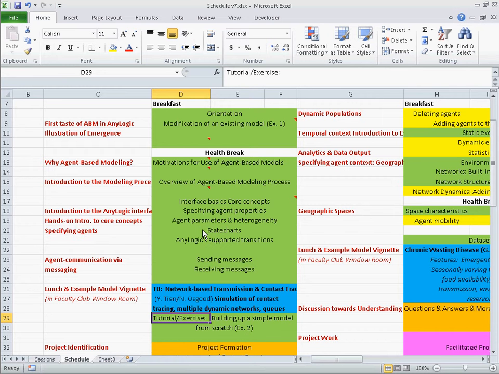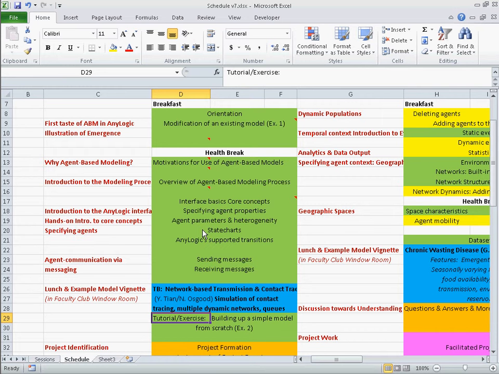So state charts are a very powerful vehicle for describing basics of agent evolution, comorbidities, and a variety of other factors. We'll be seeing later how we can use other tools, also declarative in nature, where we specify what is needed, and AnyLogic takes care of the how. We'll see other tools for specifying agent behavior, for example, in the form of stocks and flows. Situations where you have an agent behavior changing continuously over time. Perhaps it's a quantity such as their number of infected cells in their epithelium that are infected.